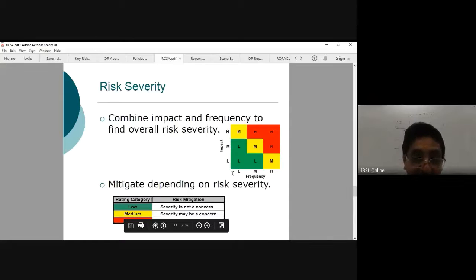Then for a risk, we do the analysis taking into account the impact of the risk and the frequency of the risk. Now, mitigation is done on the basis of risk severity.